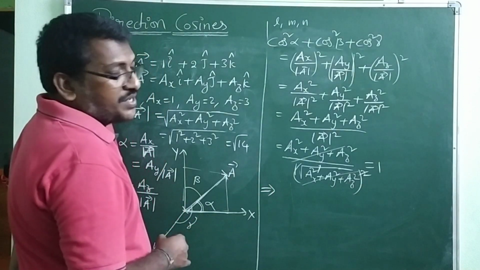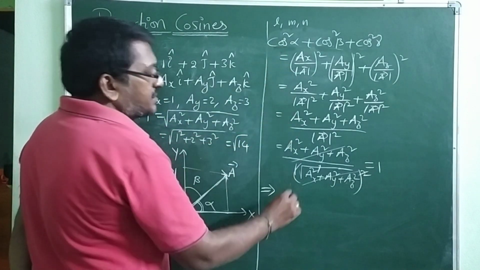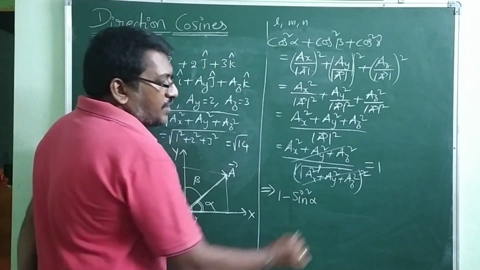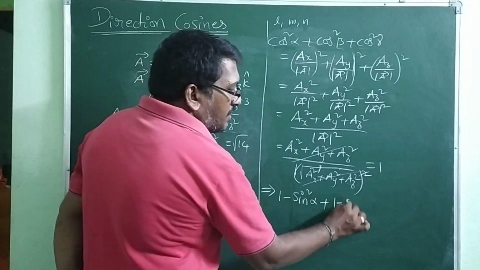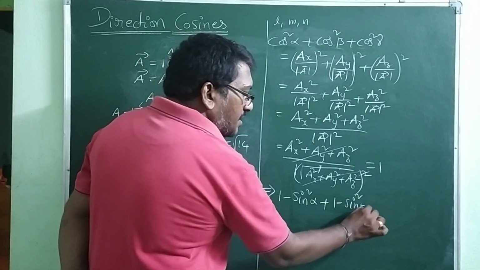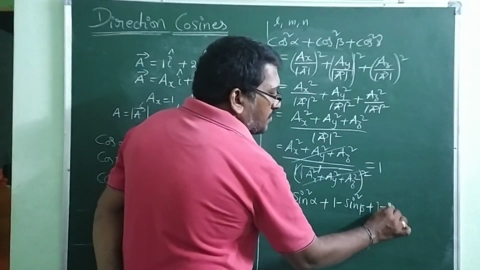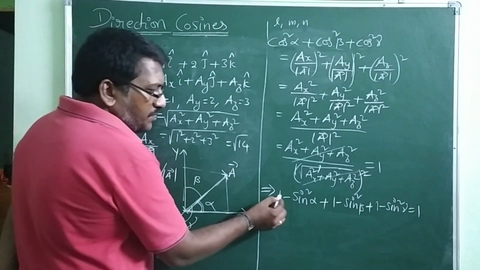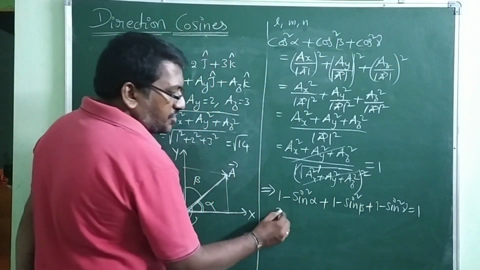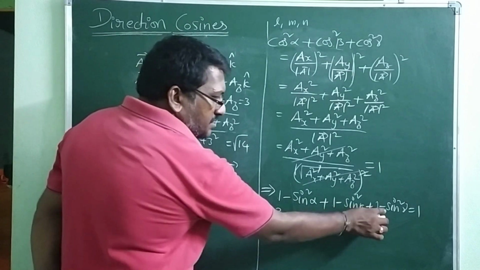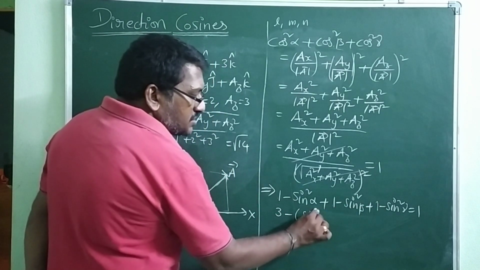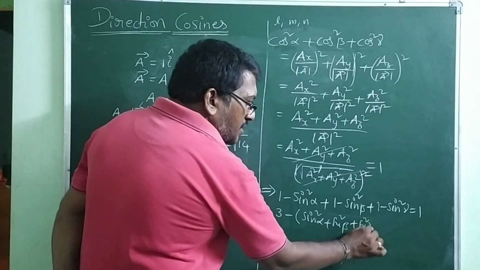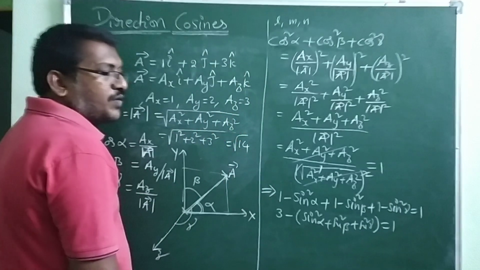From the trigonometry formulas, cos square theta can be written as 1 minus sin square theta. So 1 minus sin square alpha plus 1 minus sin square beta plus 1 minus sin square gamma is equal to 1. Here 1 plus 1 plus 1 is 3, minus sin square alpha plus sin square beta plus sin square gamma, equal to 1.